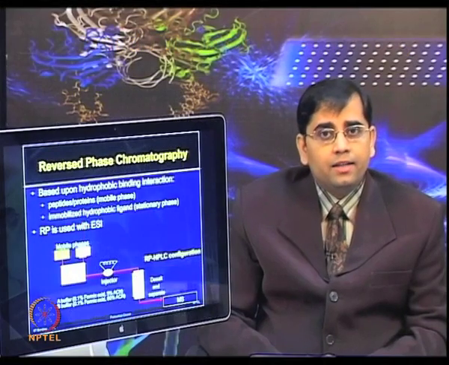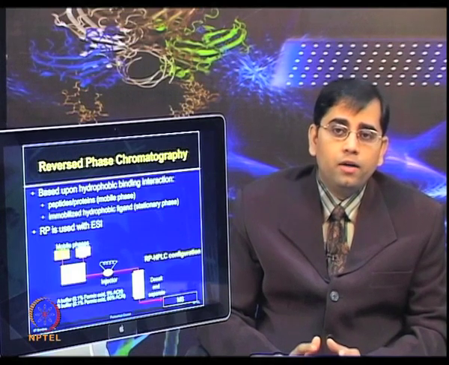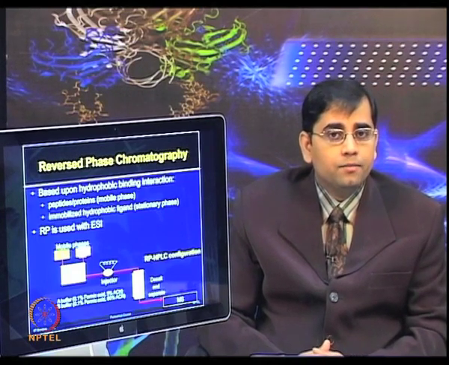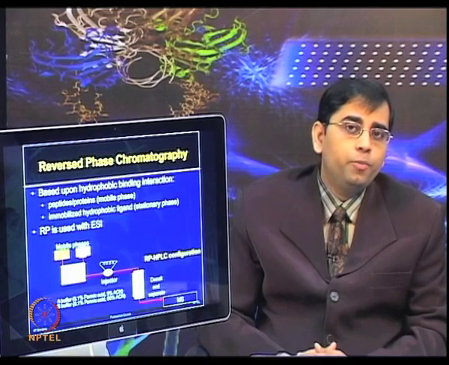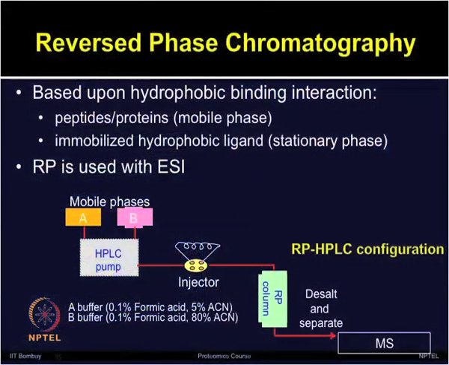In reverse phase, the stationary phase consists of long aliphatic carbon chains, which are highly hydrophobic in nature. Molecules are bound on the column by means of hydrophobic interactions and are eluted out when the solvent polarity is modified.